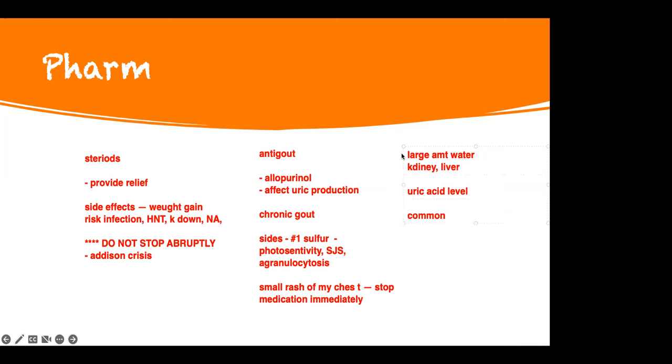Common side effect, the GI, don't worry about it. This is normal. But if they call you and they said they have a rash, it's not normal. We got to do something about it. If they are on allopurinol and they get acute gout, then you give them colchicine because it's an NSAID. That will take care of it.